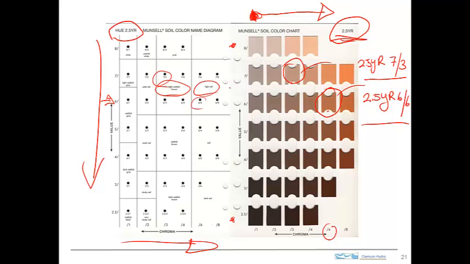So the Munsell chart gives us this nomenclature for describing the soil, but it also gives us the correct English terminology for describing the soil in an unambiguous way.